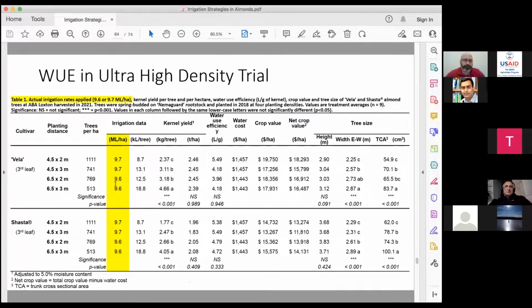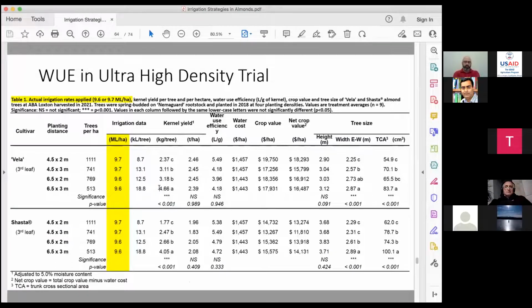Around 9.7, 9.6 megaliters per hectare of irrigation was applied. And you can see the kernel yield. This is in kilograms per tree. Per tree yields are usually lower in higher density plantings because you have 1,100 trees per hectare versus only 500 trees per hectare.